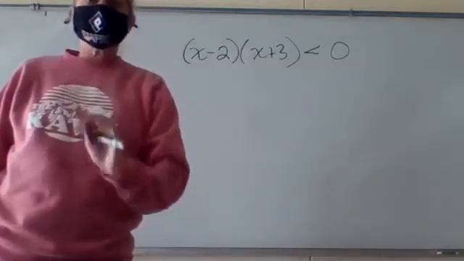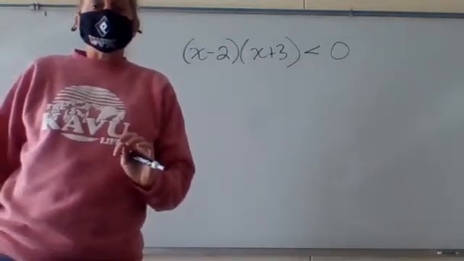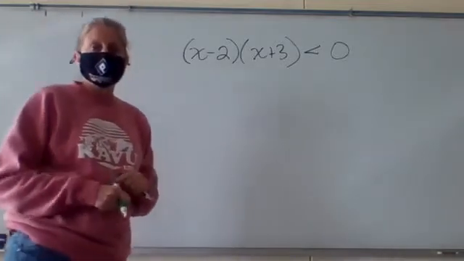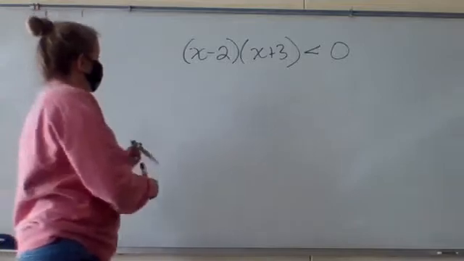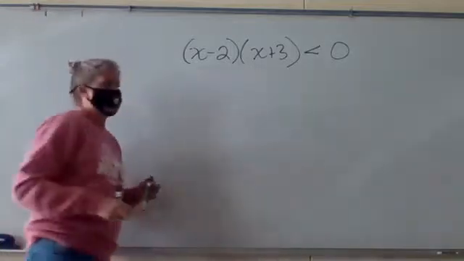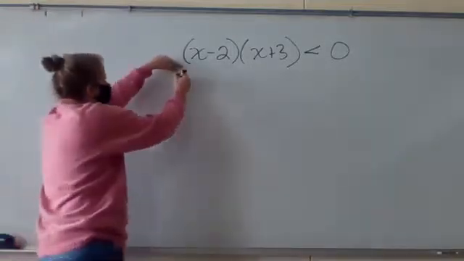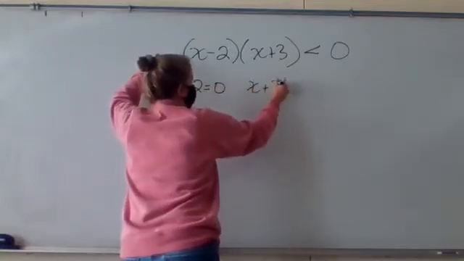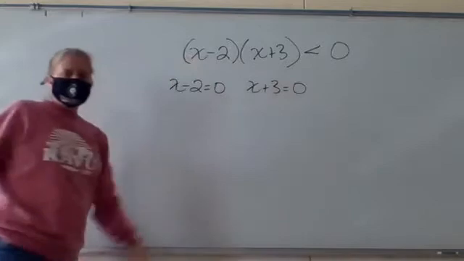So this does make a parabola, which means now I need to know where the x-intercepts of this parabola, or the zeros, are. Well, it's already in factored form, so since I see the factors, I'll just set them each equal to 0 and solve for x.